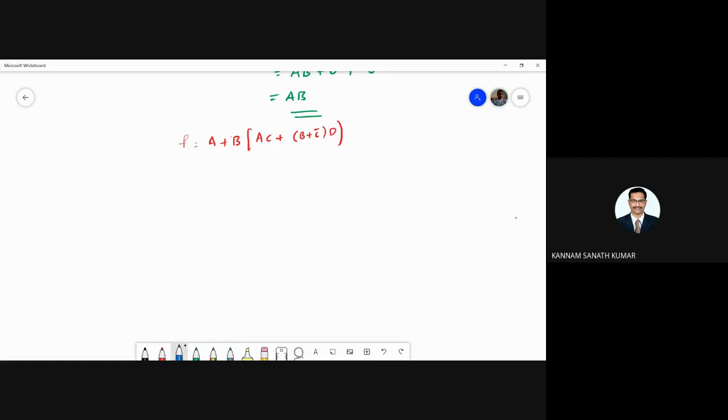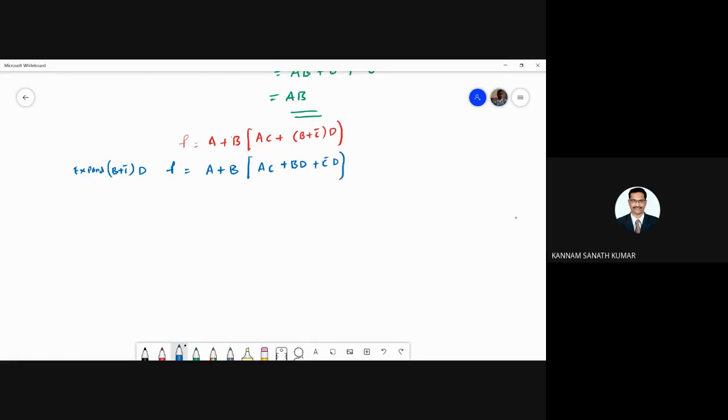F equals, now what you should do, expand. (A + B) into (AC + BD + C̄D).